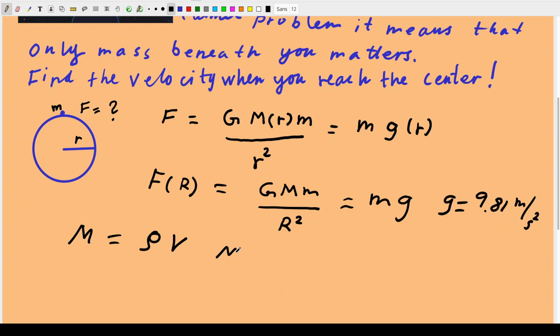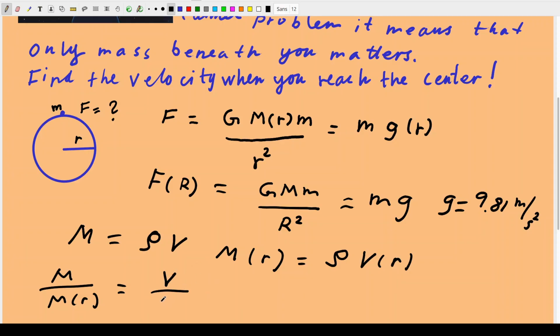On the other hand, M_r has the same density but a different volume. So M divided by M_r equals V divided by V_r, which equals R cubed divided by r cubed.